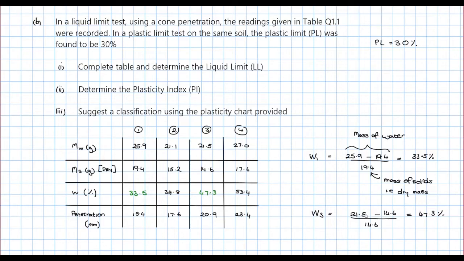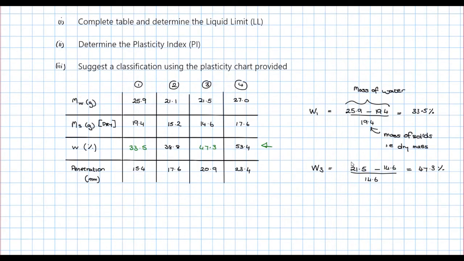Now keep in mind that the liquid limit is not the average of all these values. You get the liquid limit from graphing the water content against the penetration. A number of people took it as the average of these values. It is not. It is taken from the graph.